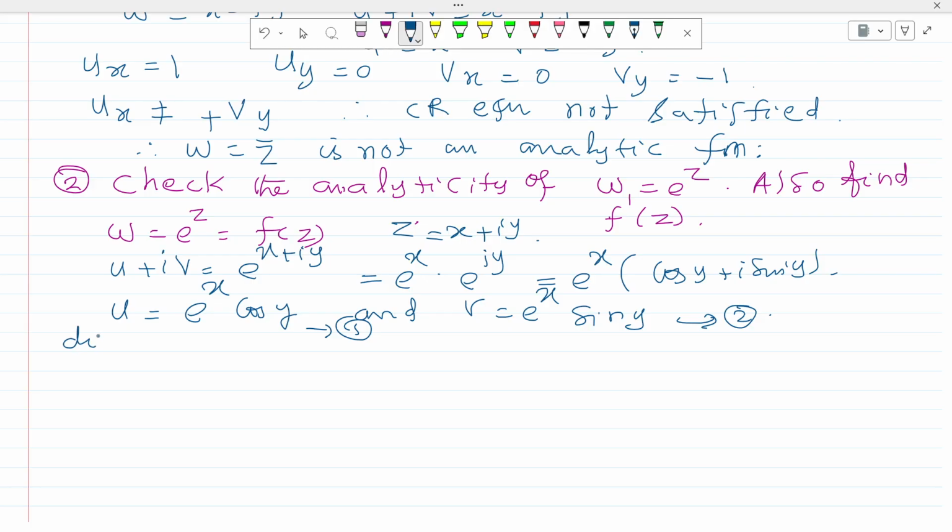Differentiate 1 with respect to x and y.